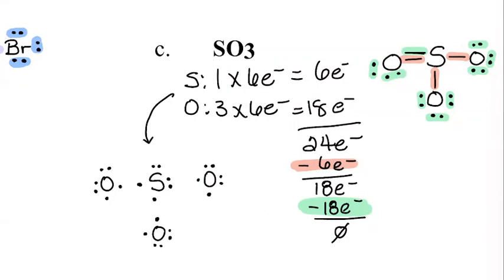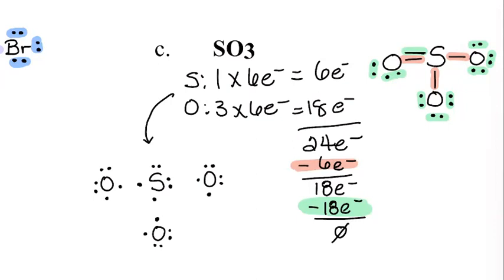Sulfur in this structure needs to always share electrons with the atoms around it. So the valence electrons are the ones that need to be shared in order for this team to come together and make the structure for the molecule.